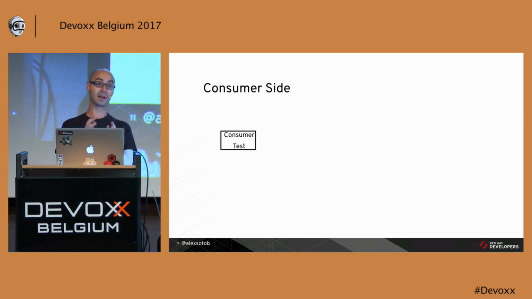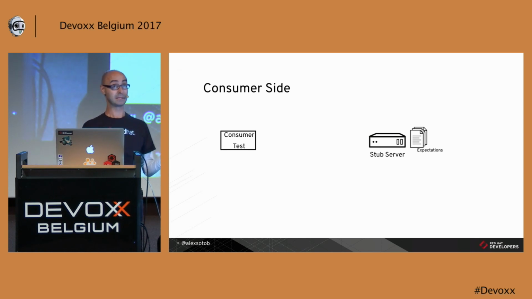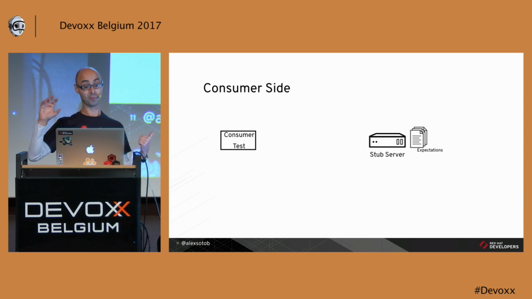So you can create a consumer test, which is going to be in charge of generating this contract. Then we have a stub server. Obviously, you don't need to communicate with the real server. Notice that if you start communicating with the real service, what you will end up with is an end-to-end test, and this is something that you want to avoid.